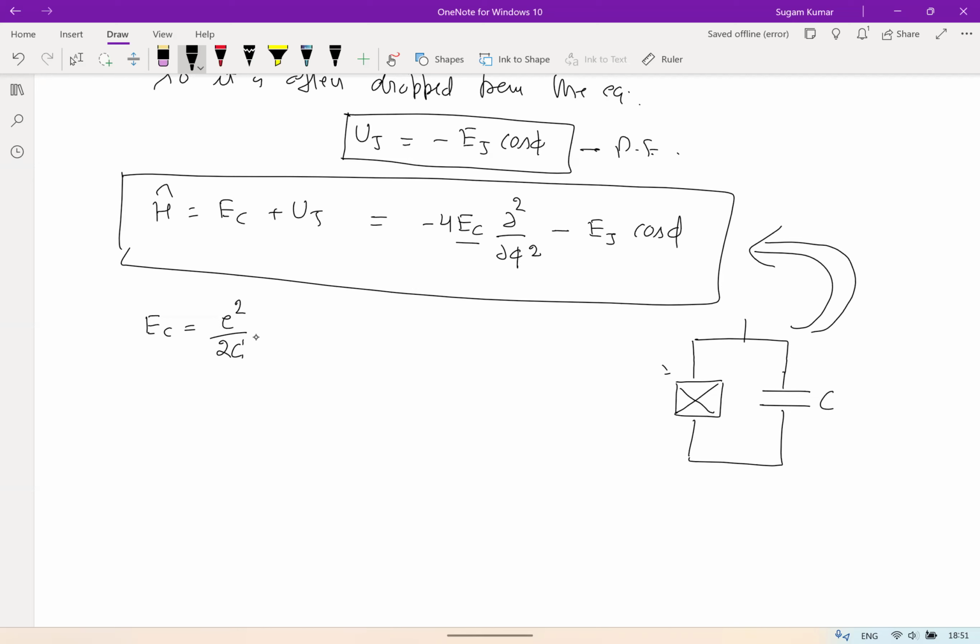In this case, this EC will be equal to E square by 2 times the total capacitance. Look carefully: this part actually includes one more capacitance inside, that is called CJ. So technically this C and this CJ are going to club together, so the summation is C plus CJ. This is how I can define the EC in this equation.